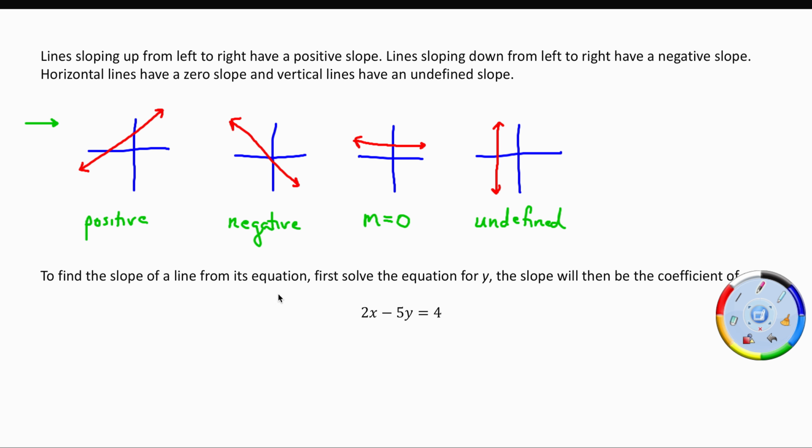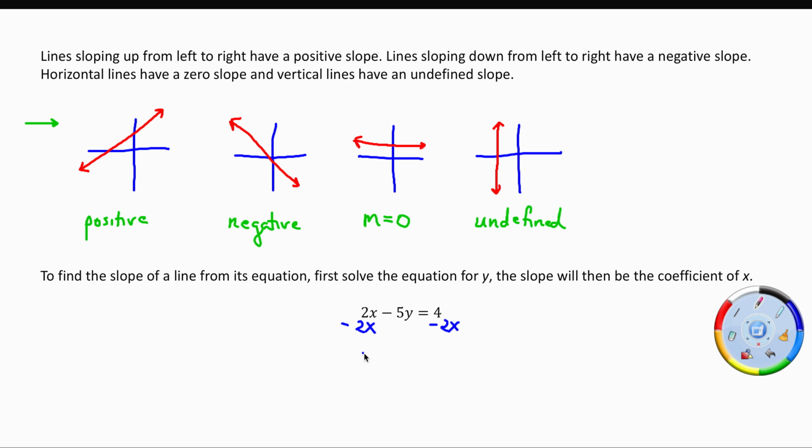To find the slope of a line from its equation, what do we do? I'm sure you already know that. Yes, solve it for y. And then the slope is the coefficient of the x term. So if I were to solve this equation for y, I would have negative 5y equals negative 2x plus 4.